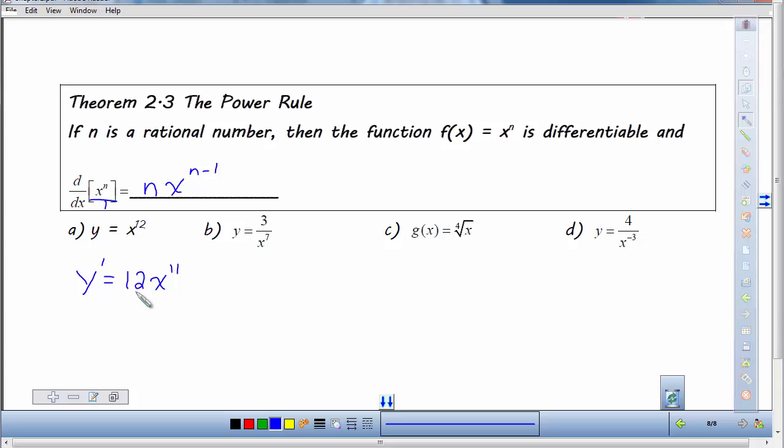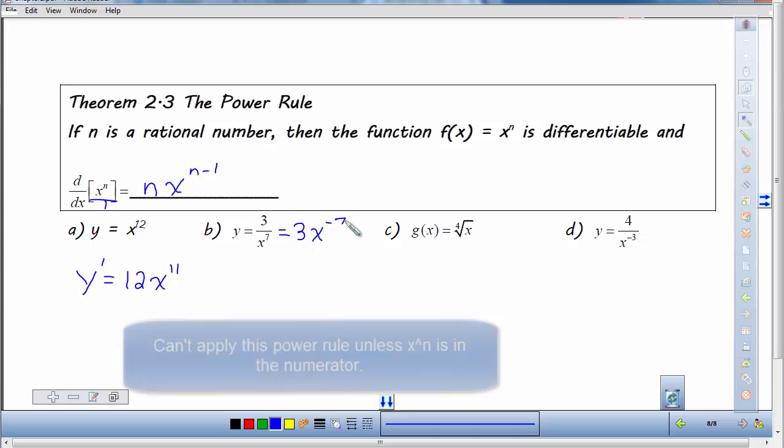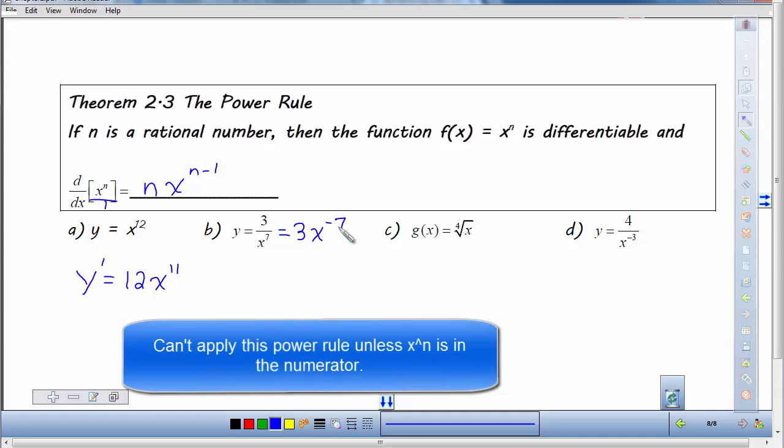I brought the 12 out front, and then I subtracted 1 from my exponent. In B, first of all, I'm going to rewrite this as 3x to the -7. I can't apply the rule until I've got it in my numerator. Everybody okay with that?